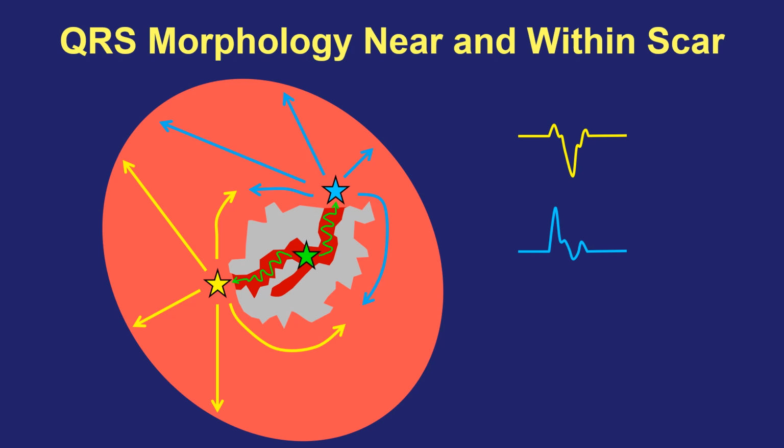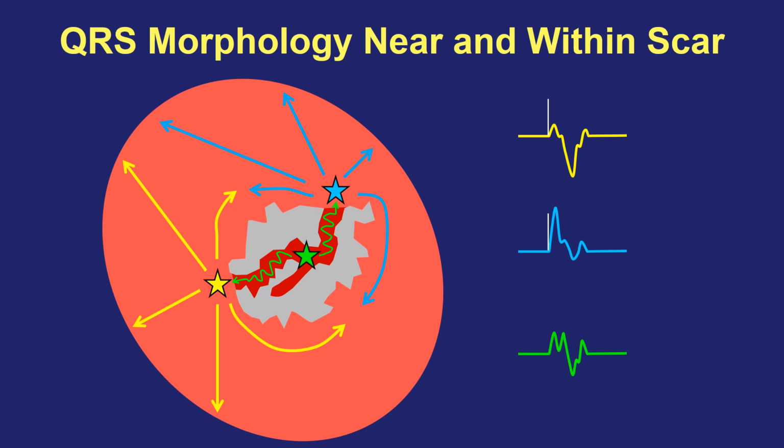You essentially get QRS fusion because you're not going to create a QRS that's directly from that original green pacing site here, but only where you break out to normal myocardium that is of sufficient mass to start contributing and creating a QRS. So you'd have a third morphology different from either of those two if you're pacing from the halfway point right in the middle of the scar.